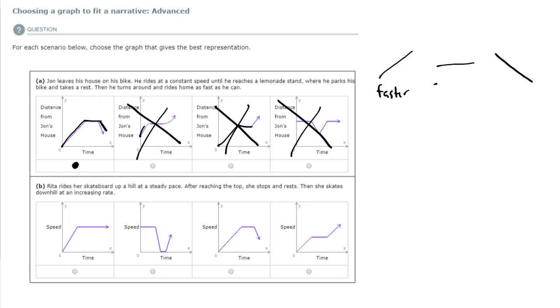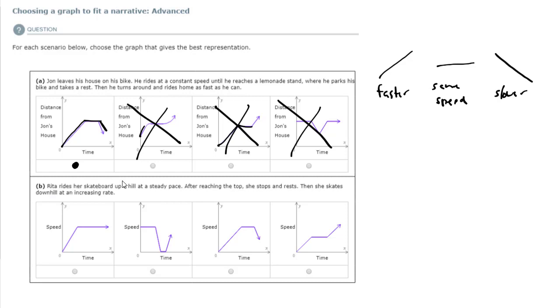So I could write same speed for that one. And then if you have a decreasing slope, that means your speed is decreasing, meaning you're going to be going slower. So as I read the problem, I'm thinking about, is the speed going faster, slower, or staying the same?